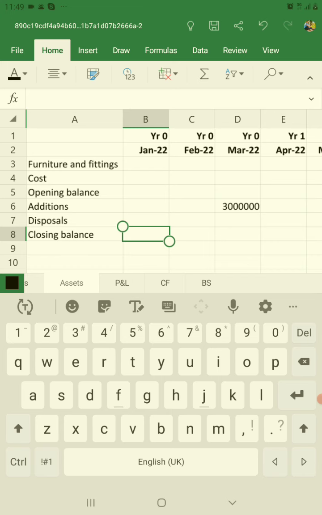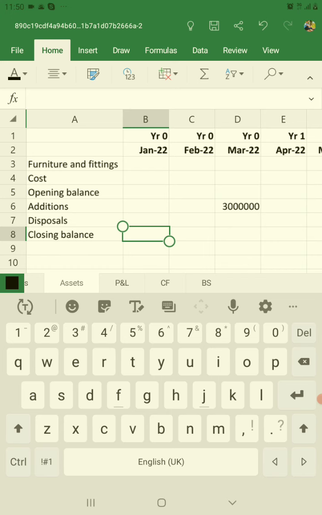Will be opening balance for the cost plus additions minus disposal. That's what you get. The disposal, I will add them as minus. So my closing balance will be the summation of opening balance plus additions minus disposal. So I just put the summation.